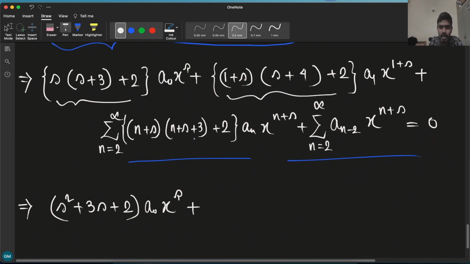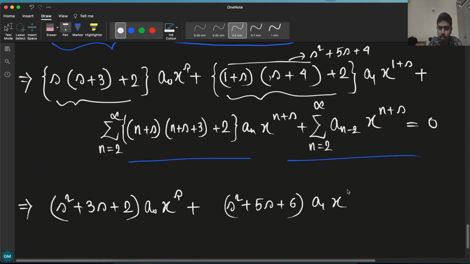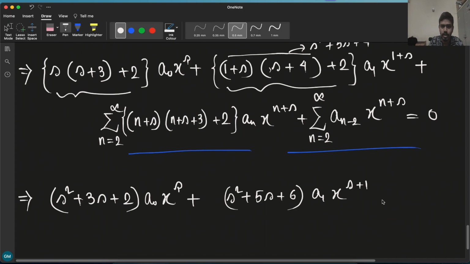If I multiply them, we get s square plus, since this 4 is multiplied with this s, there will be 4s, and there will be 1s here. So 4s and 1s, that is 5s, plus 4, and there is plus 2 sitting here, so it will be s square plus 5s plus 6, times a_1 x to the power s plus 1, right?